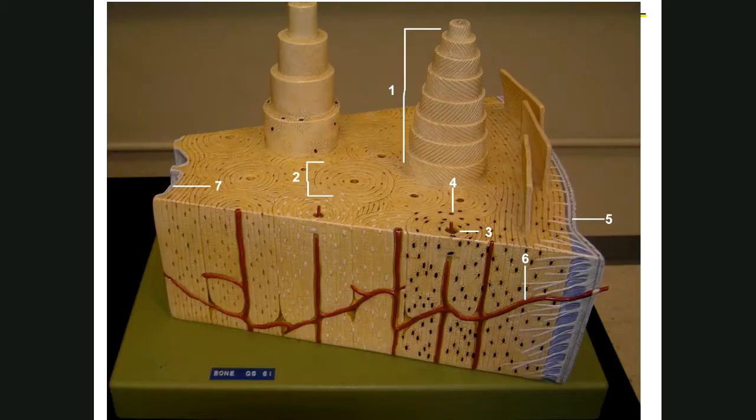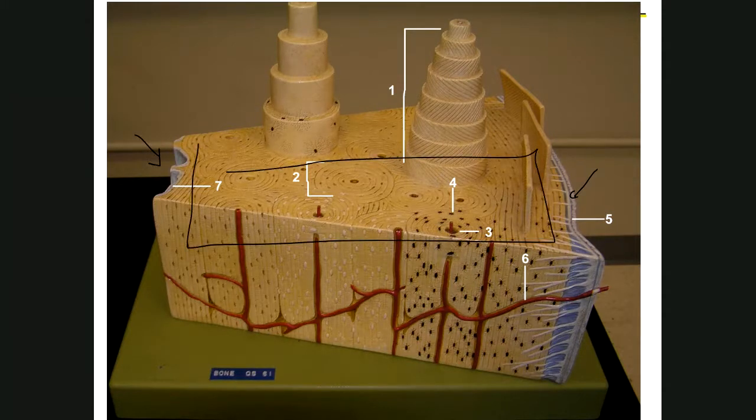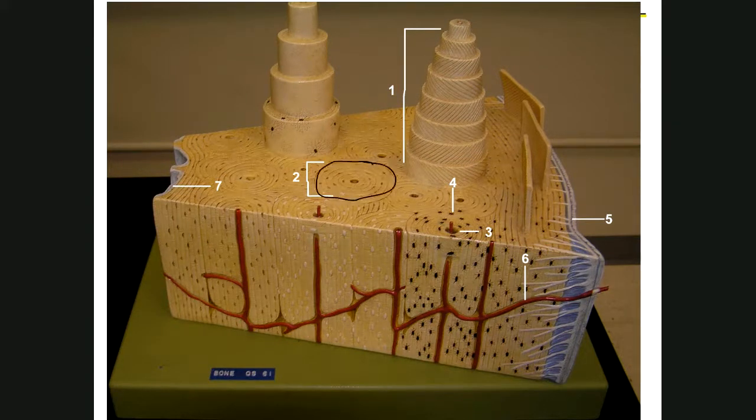Here's the model that we were talking about earlier. Over here's our periosteum, and here's our endosteum. But this is the bone here. So if you look at this bone, you see these stump-like structures here, and there's a hole right there in the middle. Well, that hole is where these blood vessels are. So that's that central canal.